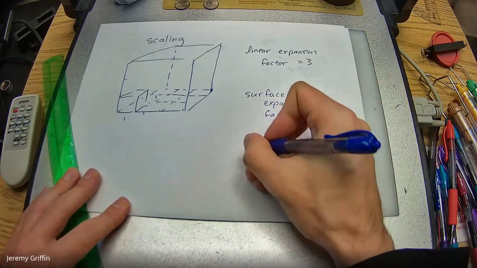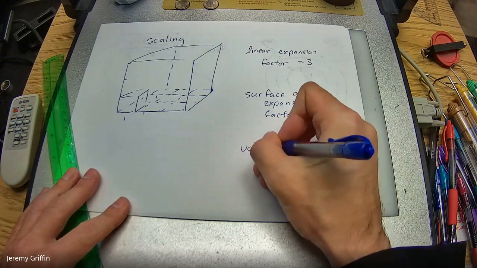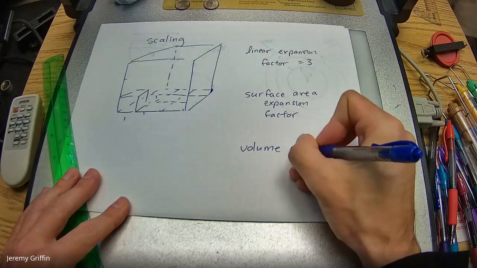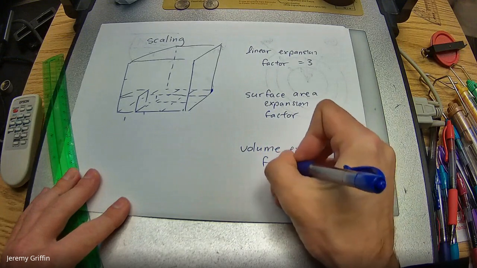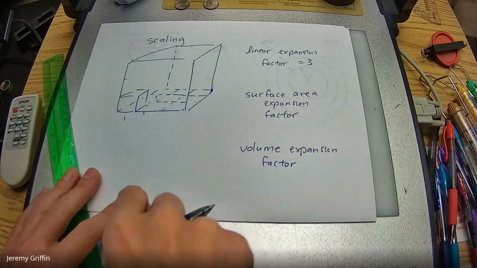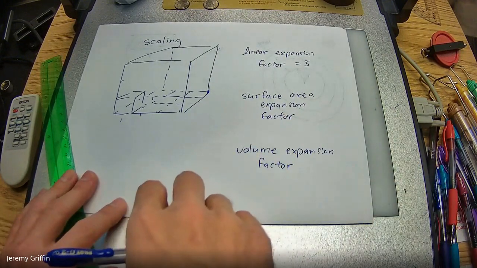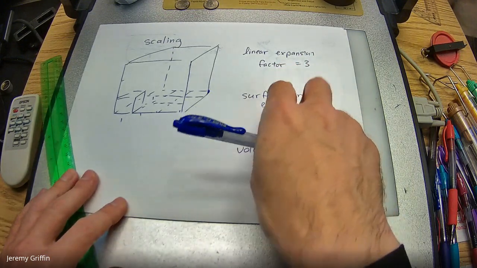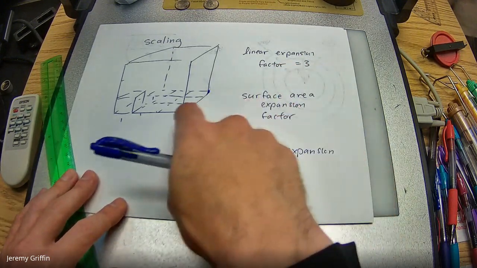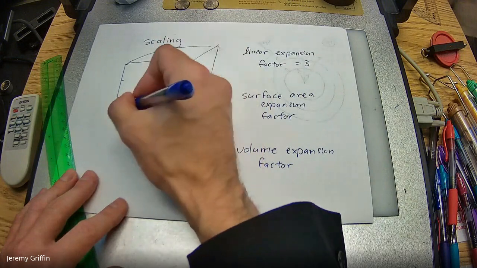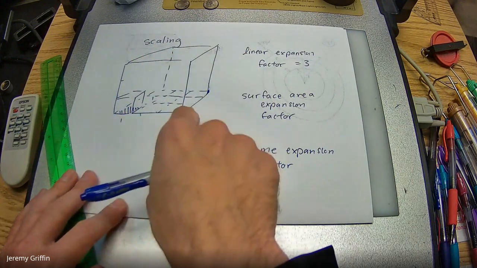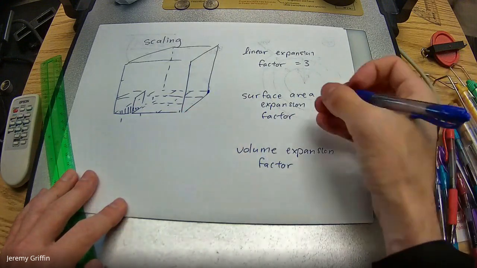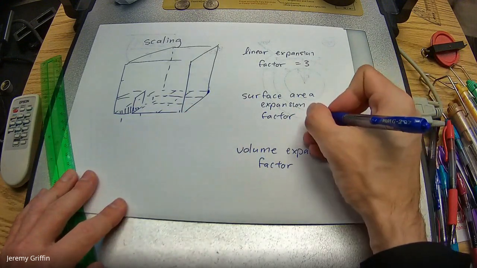And later on, maybe volume. So if you blow it up by a factor of 3 in a single dimension, you guys just told me what happens to the floor size. The floor size went from 1 tile to 9 tiles. Hey, isn't that kind of like 3 squared?